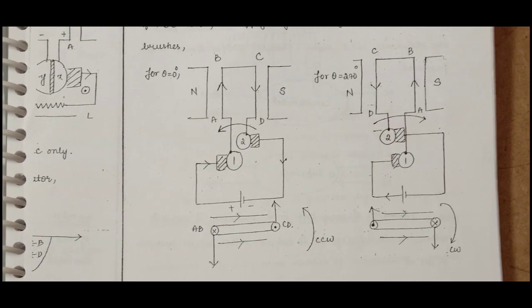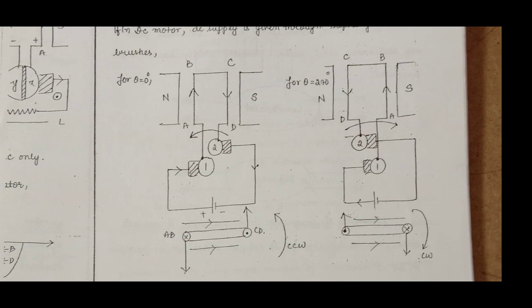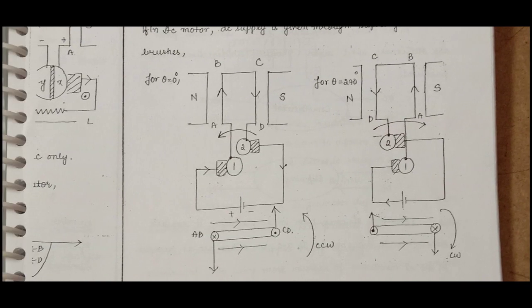Counterclockwise direction. For theta equal to 270 degrees, again the action is the same. Under the north pole there is a dot conductor, and under the south pole there is a cross conductor.